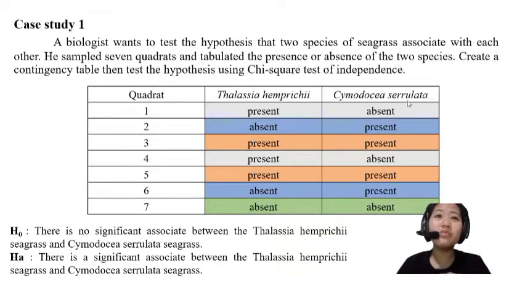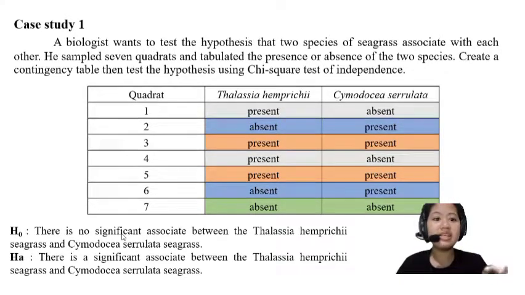We have two present-absent, quadrant 1 and 4. We also have two absent-present, quadrant 2 and quadrant 6. We also have two present-present, quadrant 3 and quadrant 5. And lastly, quadrant 7, which is only one, absent-absent.